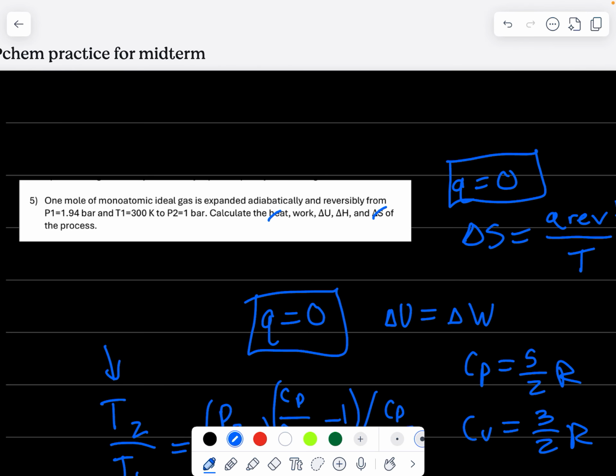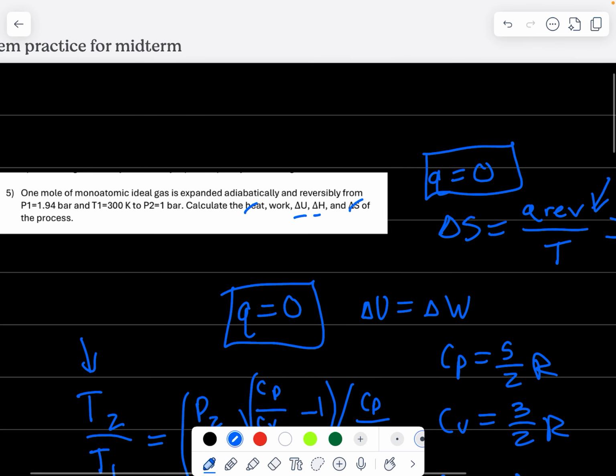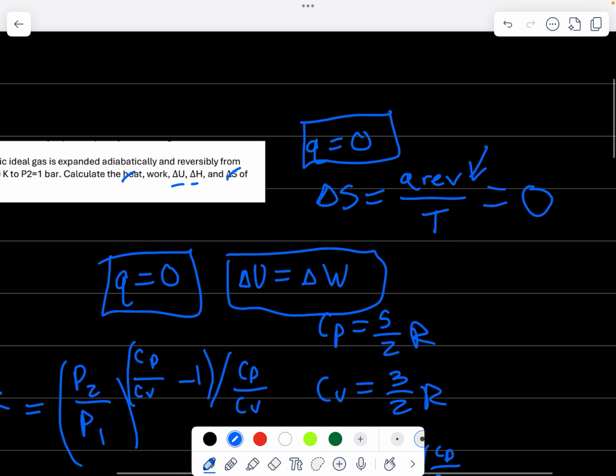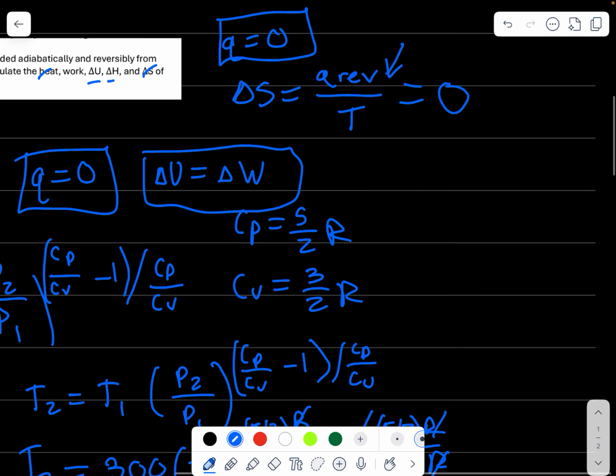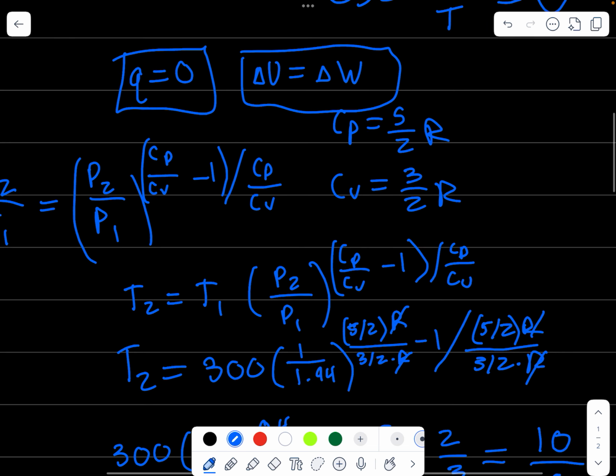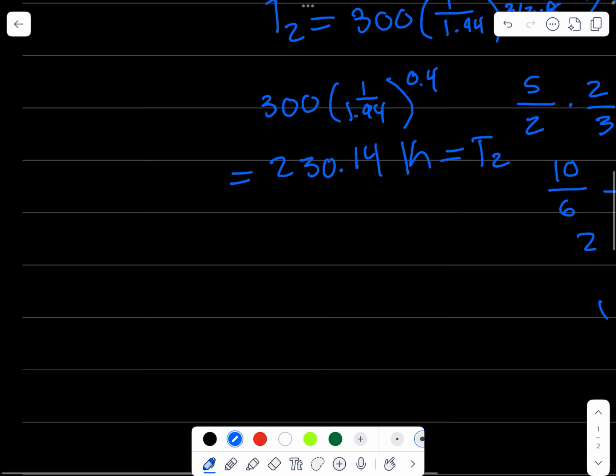Now let's calculate the work, the internal energy, and the enthalpy. As you can see here, the internal energy equals the work, so we can also just recycle that. All right, so first let's try to basically solve for the internal energy.